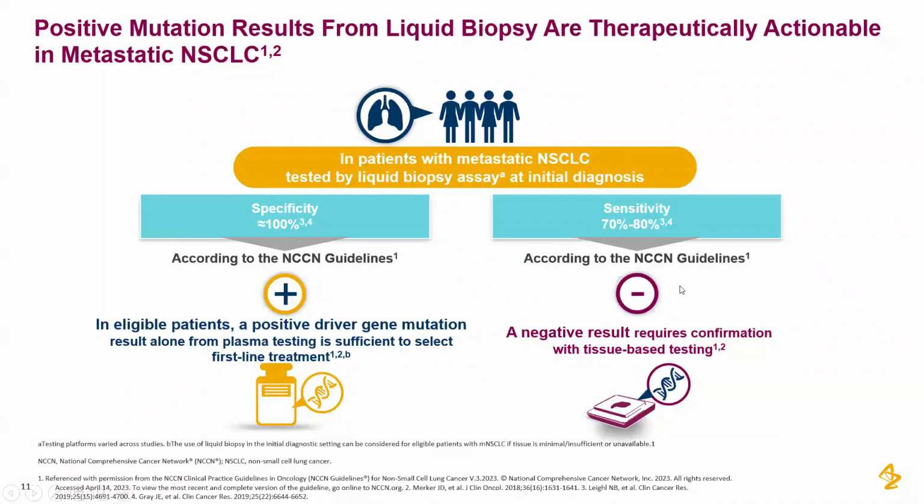When the test is negative, because it is a less sensitive test, we have to order again with tissue biopsy. So it is more specific and the sensitivity is somewhat low. So whenever the test is negative, we definitely have to proceed with tissue biopsy. Then next slide, please.